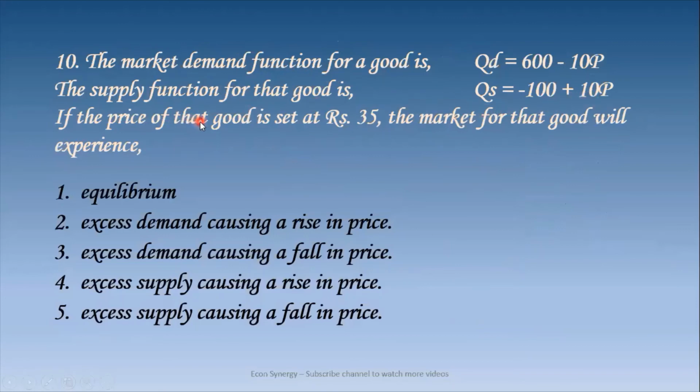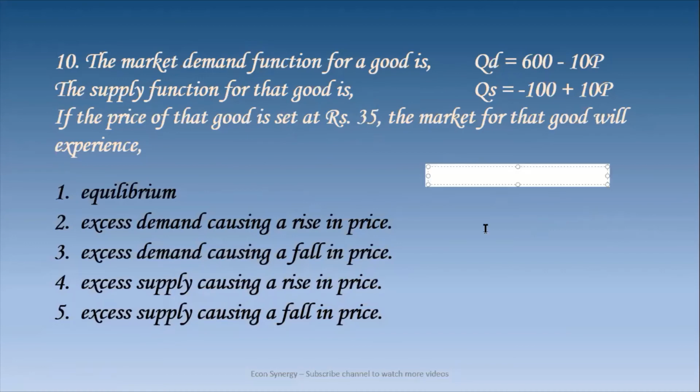If the price of that good is set at rupees 35, the market for that good will experience equilibrium, excess demand causing rising price, excess supply causing falling price, excess supply causing rising price, or excess supply causing falling price. Then we will check whether it is equilibrium or excess supply or excess demand. Then we will calculate the quantity demanded and quantity supplied at this 35 rupees.